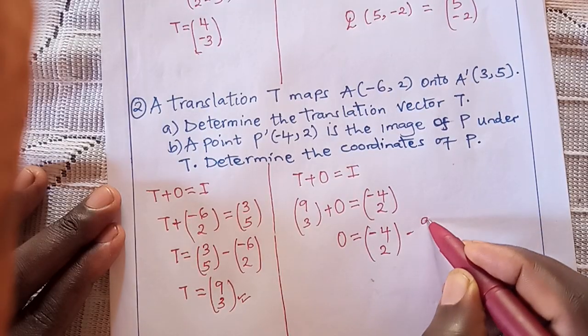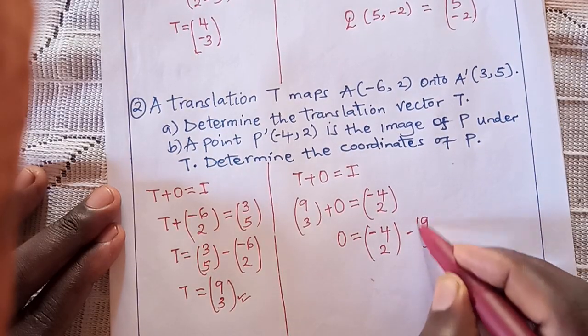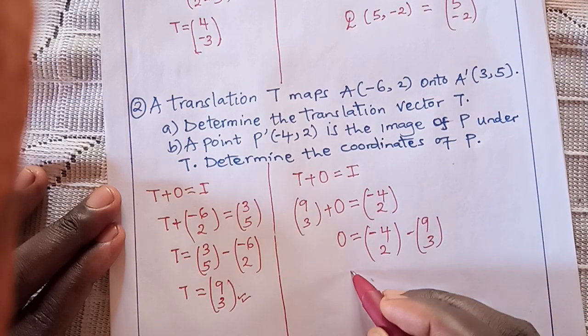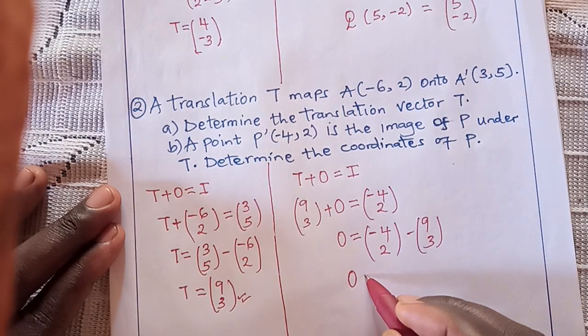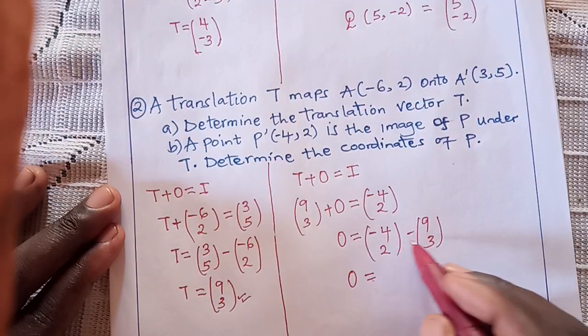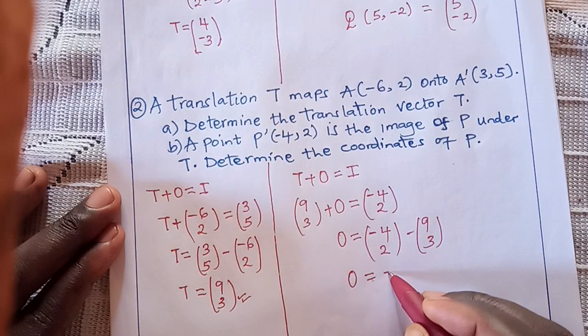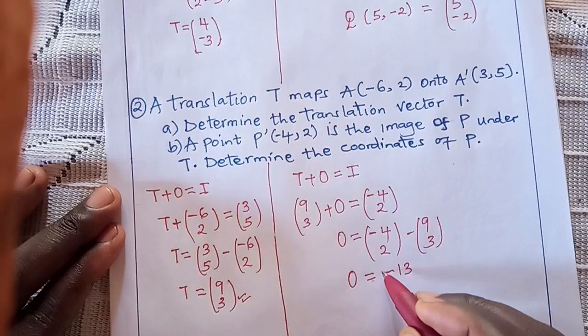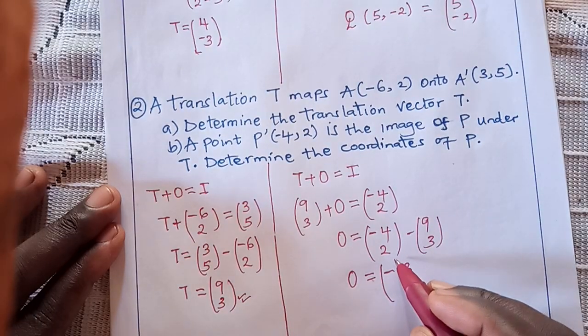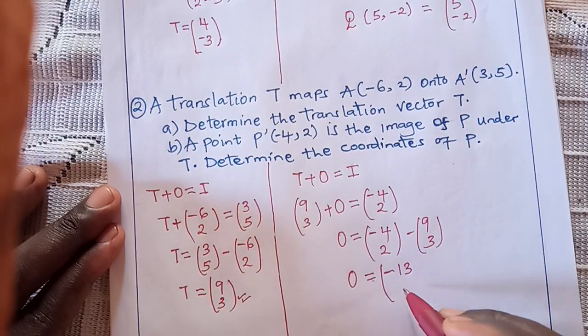Now we make the object the subject and say it is going to be -4,2 take away 9,3. So our object coordinate is going to be -4 minus 9, which is -13, then 2 minus 3 is going to give us -1.